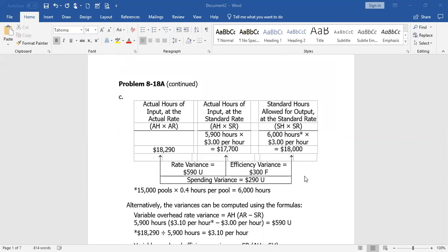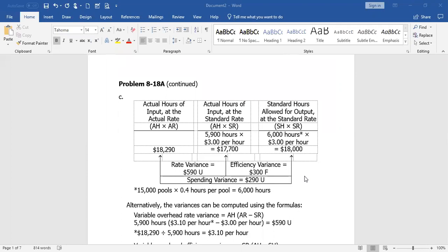Translating that to a dollar amount, take the difference between your flexible budget amount of $17,700 and your planning budget amount of $18,000. $300 favorable variance. Overall, your spending variance is unfavorable, 290. You spent 290 more than you had budgeted originally.